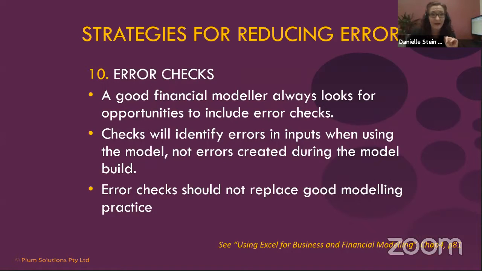Error checks will generally help other people using the model, or later on. It's not going to help you when you're building the model. It will identify if somebody is using the model incorrectly, so if they've put in perhaps an input that it's not expecting. So error checks should not replace good modeling practice, is an important thing to remember.